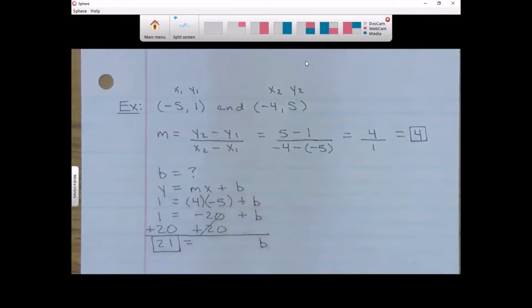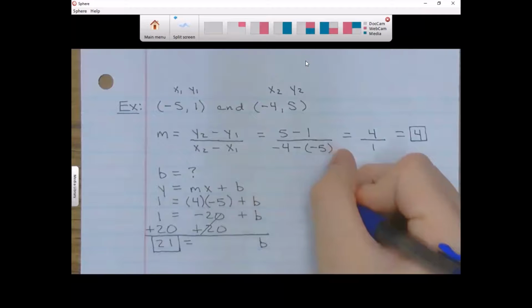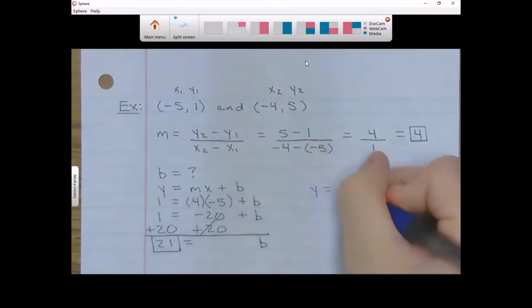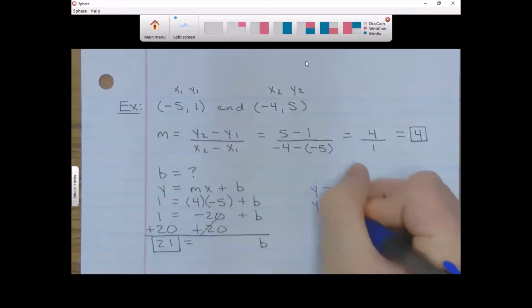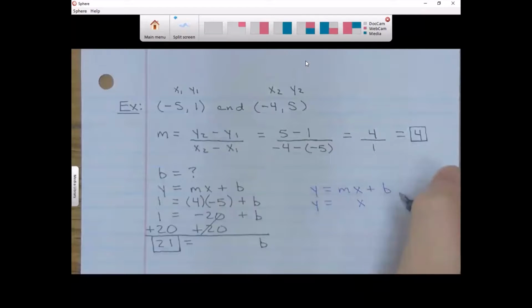So now I know what b is, and I also know what m is. So when I write out my slope-intercept form, we're still going to have y equals mx plus b. My y and my x are going to be variables, but I know for a fact that m is going to be equal to 4, right? We got that from right here.